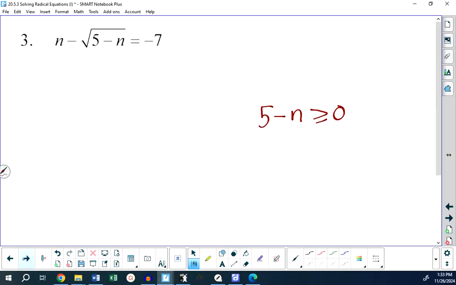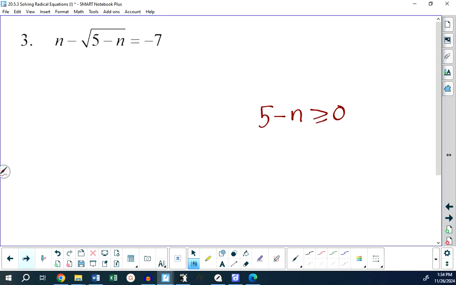How many of you, we need to rearrange this for n. I'm going to give you two options. Listen to them first. The question is, would you move the n to the other side and solve it that way, or would you move the number to the other side and then do something else to solve it? How many of you would move the n to the other side? That's what I would do, okay?